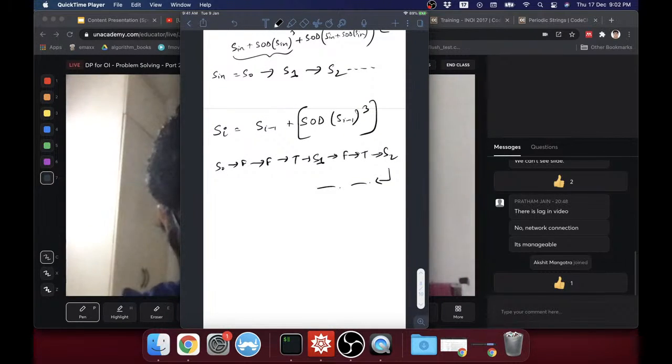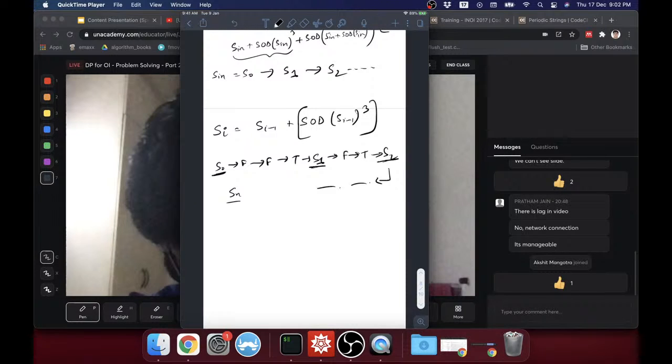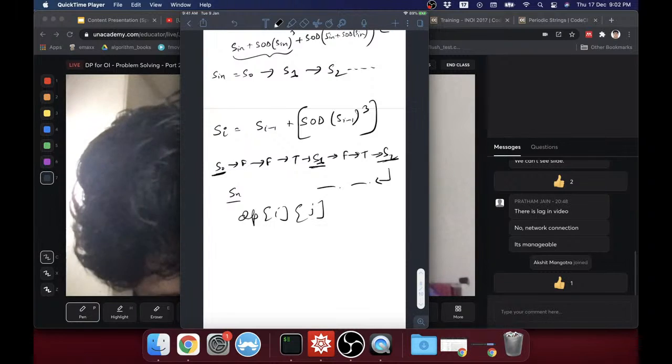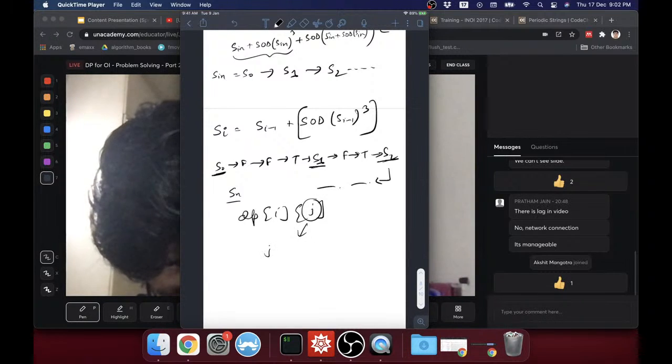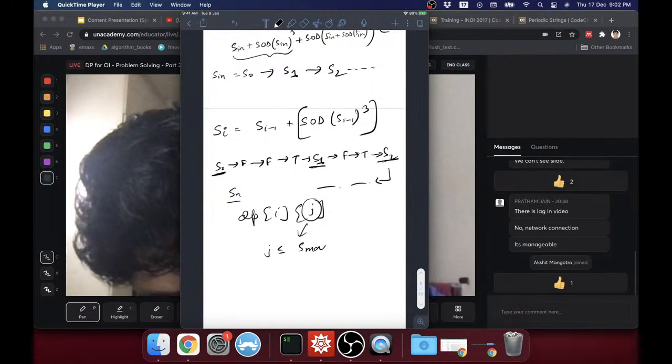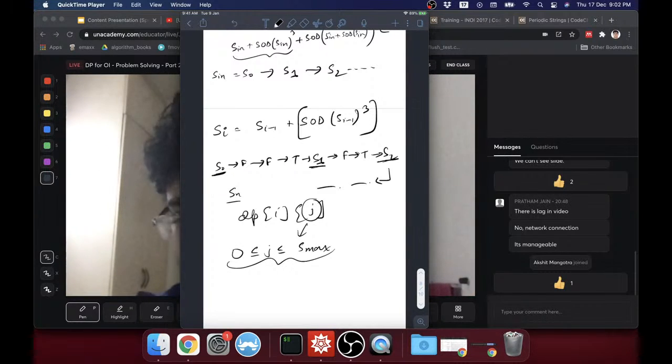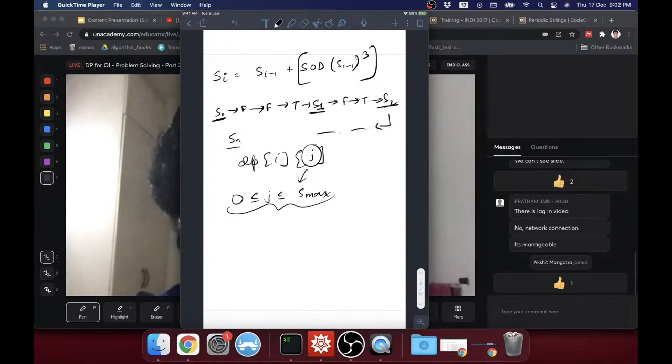Well, if you start from a certain value, S0, how many different strengths do you see eventually? So originally our DP was DP i j, where j could range from S max to 0. It could be anywhere in this range. That's why our complexity was low. How many different values of j can actually be there?